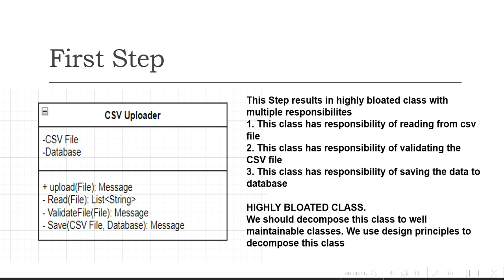Whenever you make a change to some portion, say for example the read or validate, your validation rules certainly change, right? So you make a change to validate. Whenever there is a change in any portion of the code, your CSV Uploader class always gets changed. Almost any change impacts this class, right? That's not a good design. You are giving multiple responsibilities to a single class.